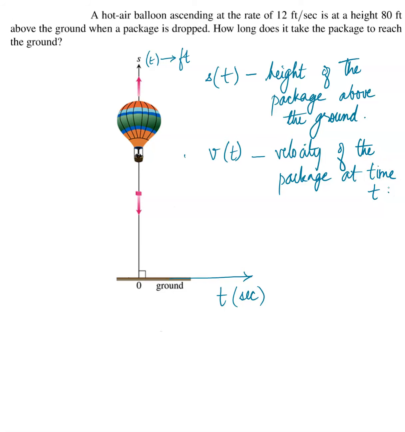Now there is also indirect information, which is the acceleration due to gravity. We know that that's a fixed constant, so I'll just write that here. Acceleration due to gravity. It's always fixed, and it is negative 32 feet per second squared.